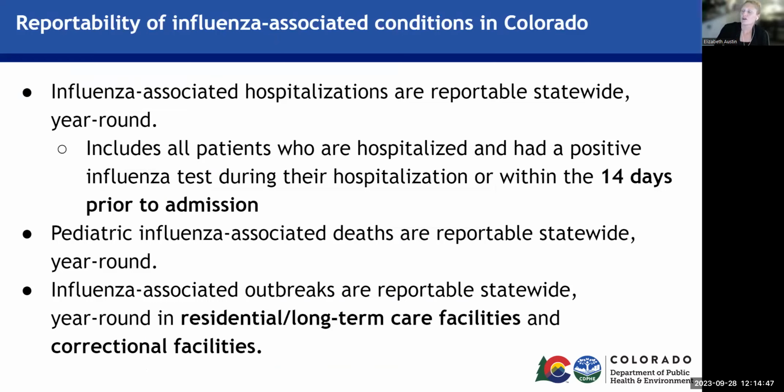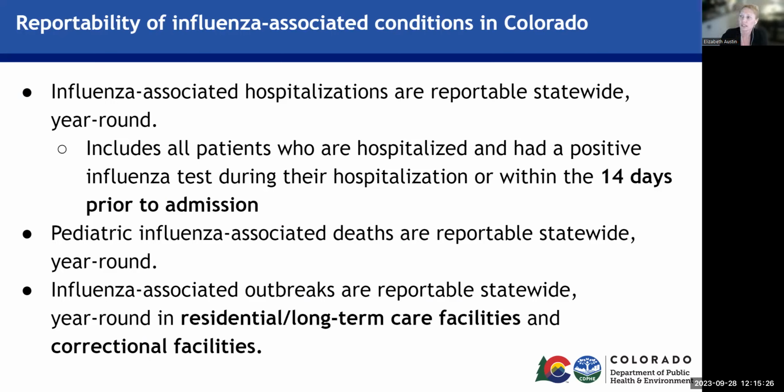So to go over what influenza-associated conditions are considered reportable to the state in Colorado, there are 3 different related conditions that are considered reportable. The first is influenza-associated hospitalizations. Those are considered reportable statewide year-round. I will mention that the official surveillance season starts on October 1st, which is this coming Sunday, and extends to the end of the 3rd week of May in the following year.